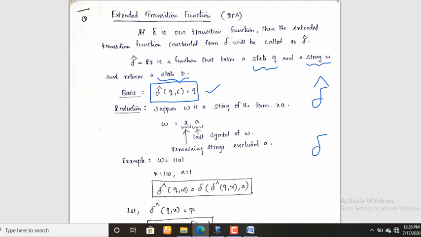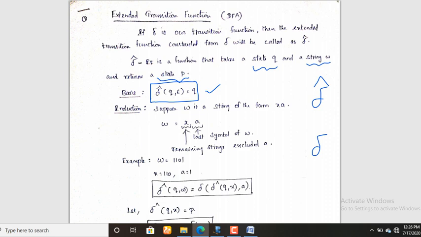What is the meaning of this basis part? If a state receives epsilon, the null string, as input, it doesn't move to any other state. It stays in the same state only. In my previous lecture, I already covered this basis part in some problems, like those where the language starts with epsilon.